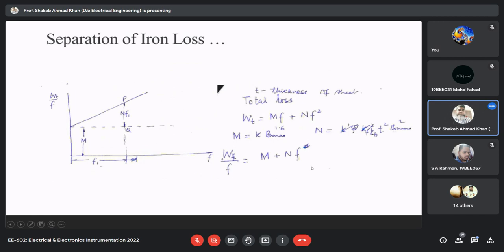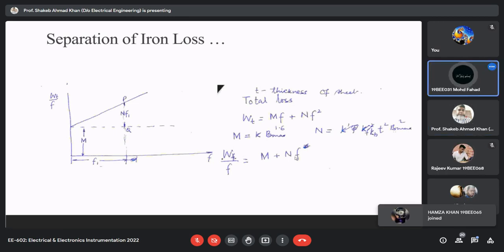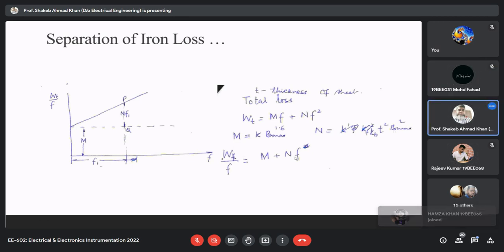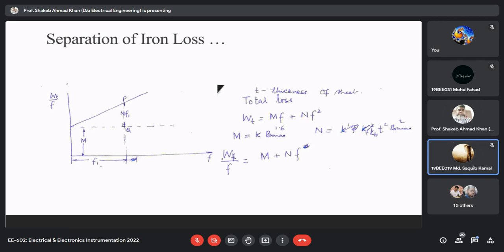What kind of equation is it, if we are talking about this parameter and frequency? It is a linear equation, a straight line. That is drawn here. mx plus c. Y is equal to mx plus c.